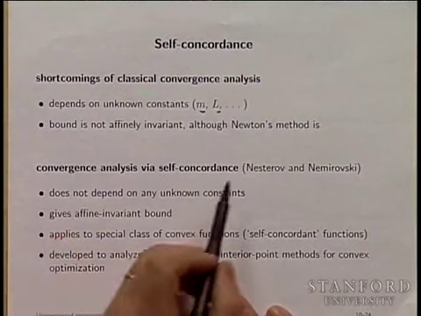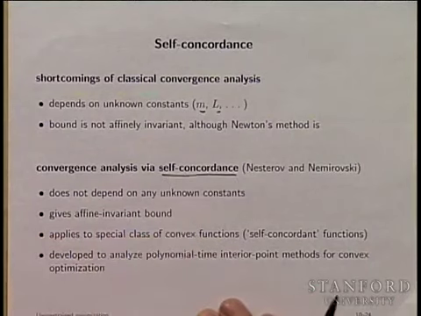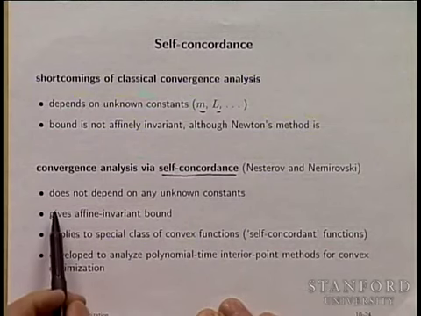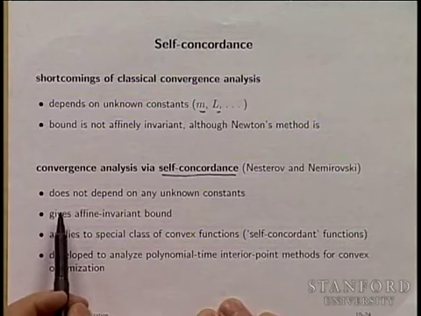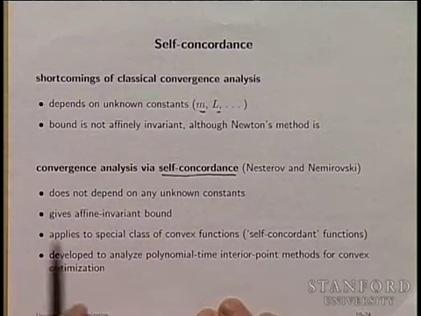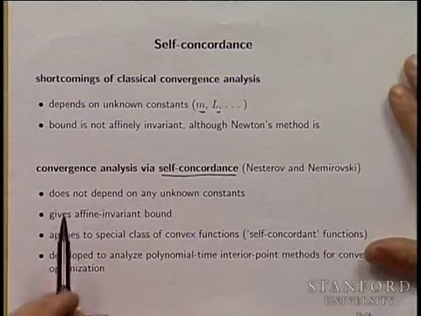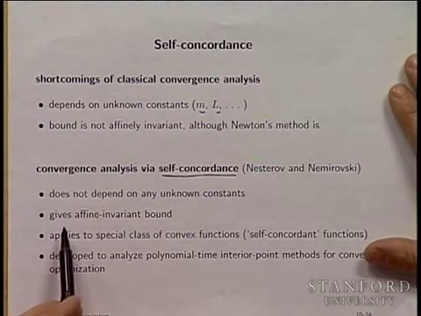This idea of self-concordance, which we'll get to soon, is absolutely amazing. It turns out it doesn't depend on any unknown constants. In fact, all the constants will go away. A function is either self-concordant or not, period. There is no constant, and certainly no unknown constant.